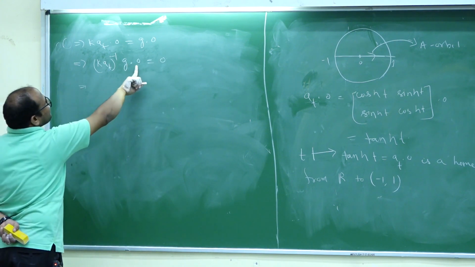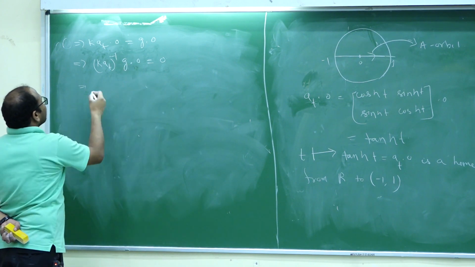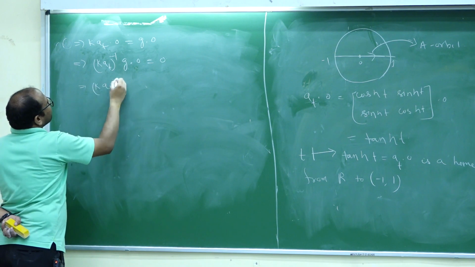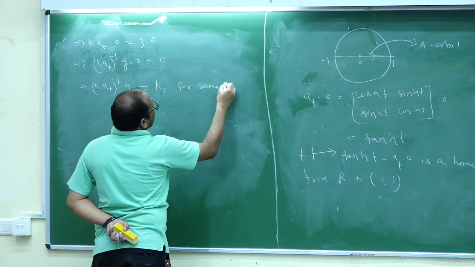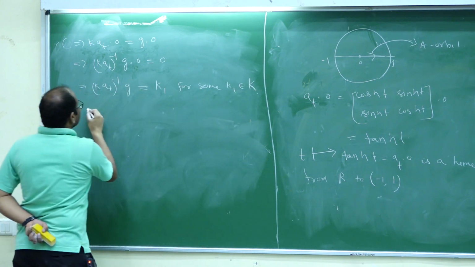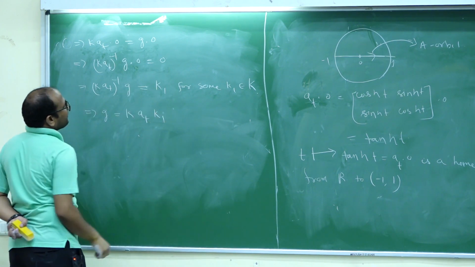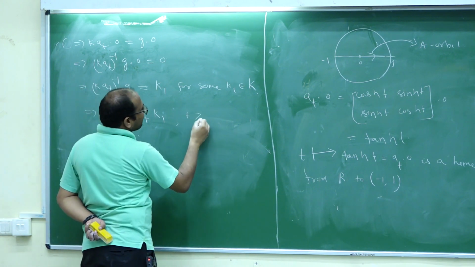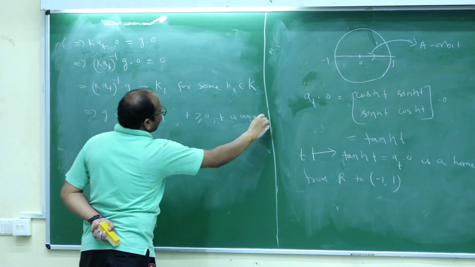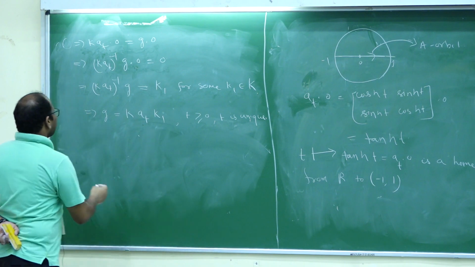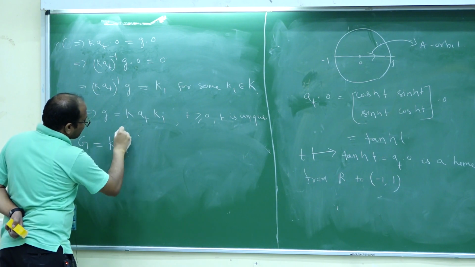And since this stabilizes 0, the stabilizer of 0 is K. So this implies a_t inverse k g is equal to some k1. So g is equal to k inverse k1 a_t, and this t is really determined, and this t is unique. So what I am getting is thus g is equal to k a_t k.